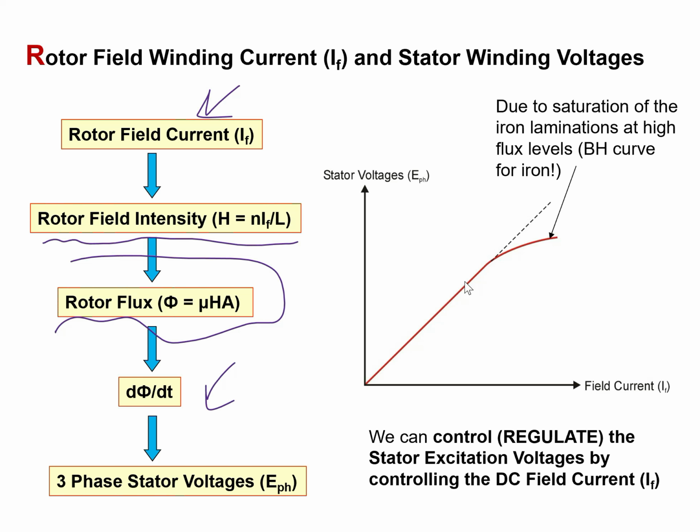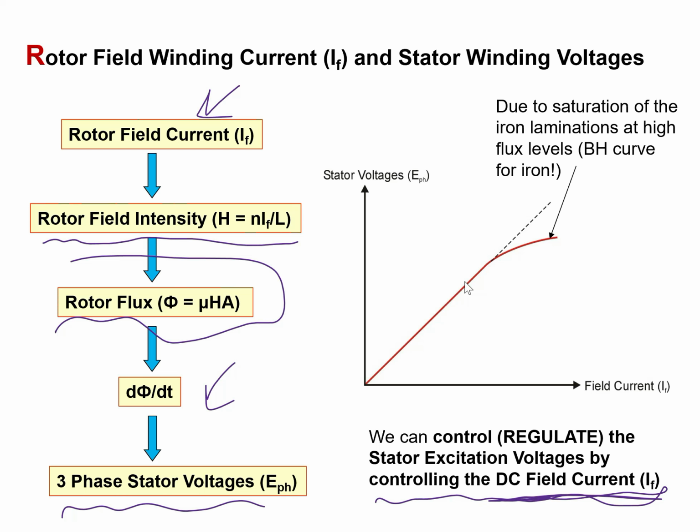And the change of the flux over time produces the three-phase stator voltage, which is called the voltage of the phase. So we can control or regulate the stator excitation voltage by controlling the DC field current. You can see this is a major factor for controlling the output voltage of this type of generator.